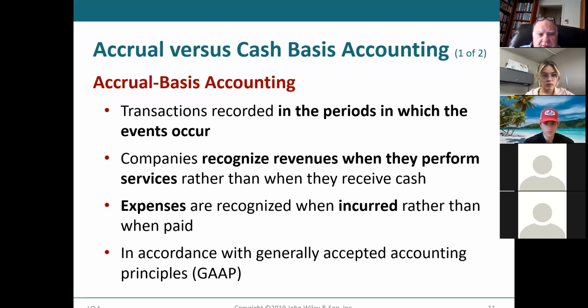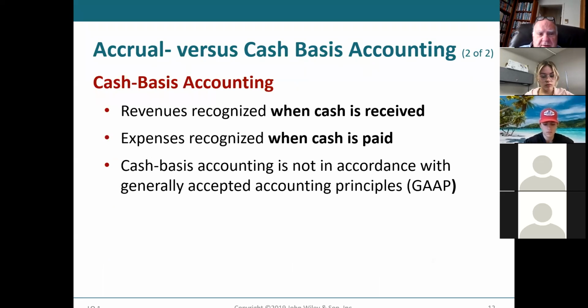We're not worried about when the cash changes hands. Transactions are recorded in the periods in which they occur. We recognize revenues when we perform the services rather than when we receive cash. Expenses are recognized when incurred. In other words, when experienced. And this is all part of proper GAAP accounting.